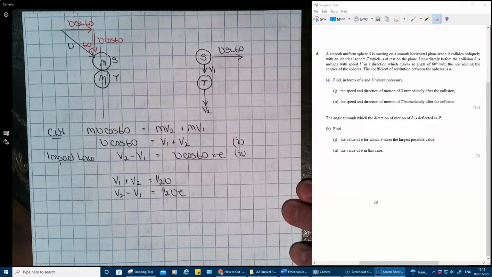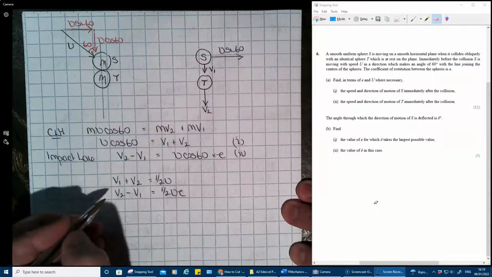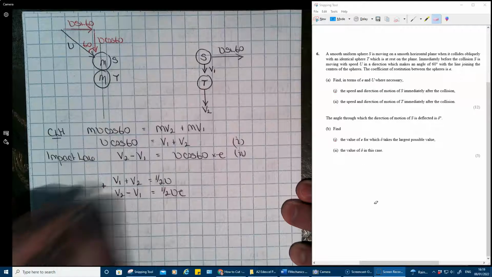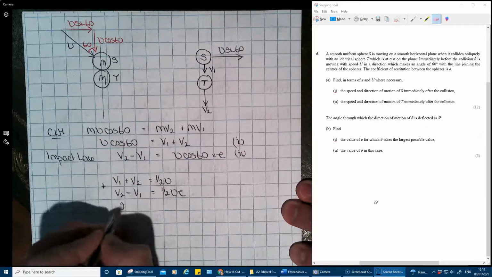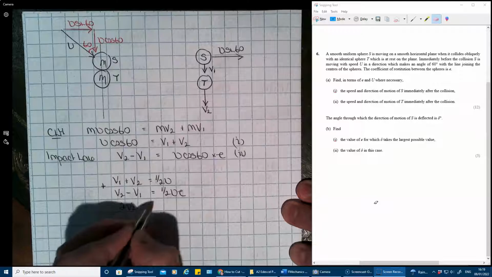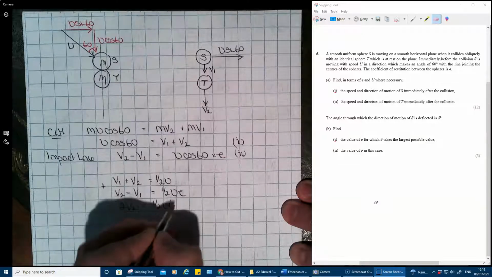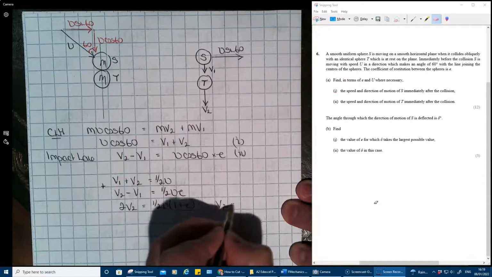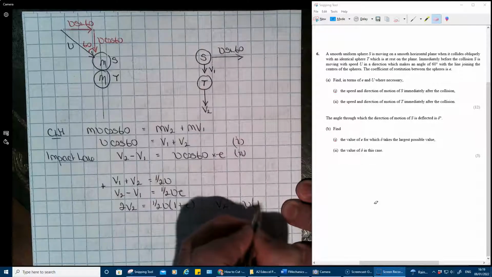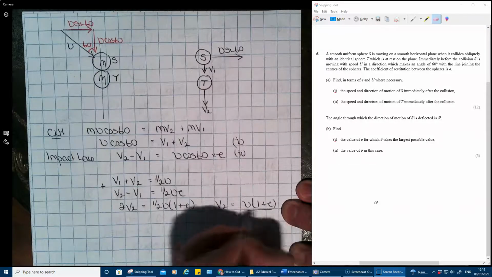Okay, so we can find v1 and v2 in terms of e now. If we add them, the v1s will cancel. 2v2 is a half u (1 plus e). So v2 is u(1 plus e) over 4.